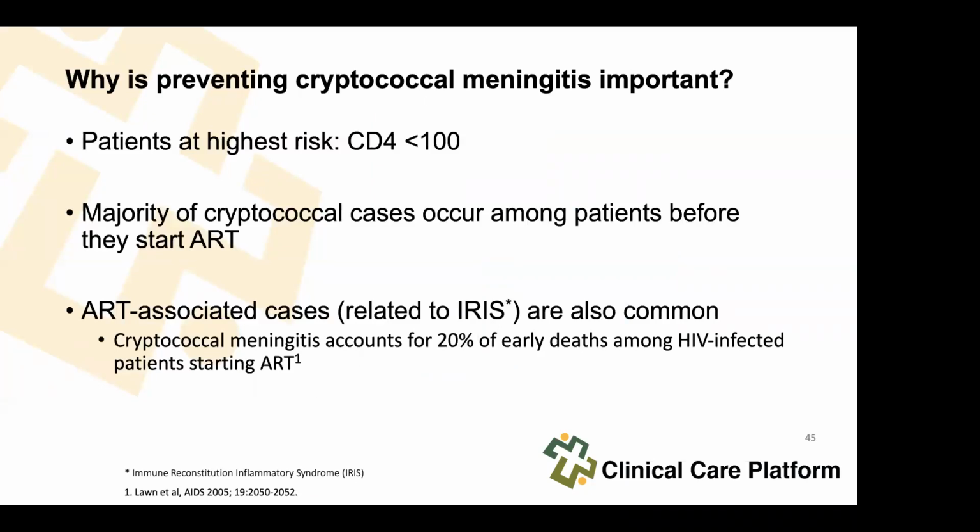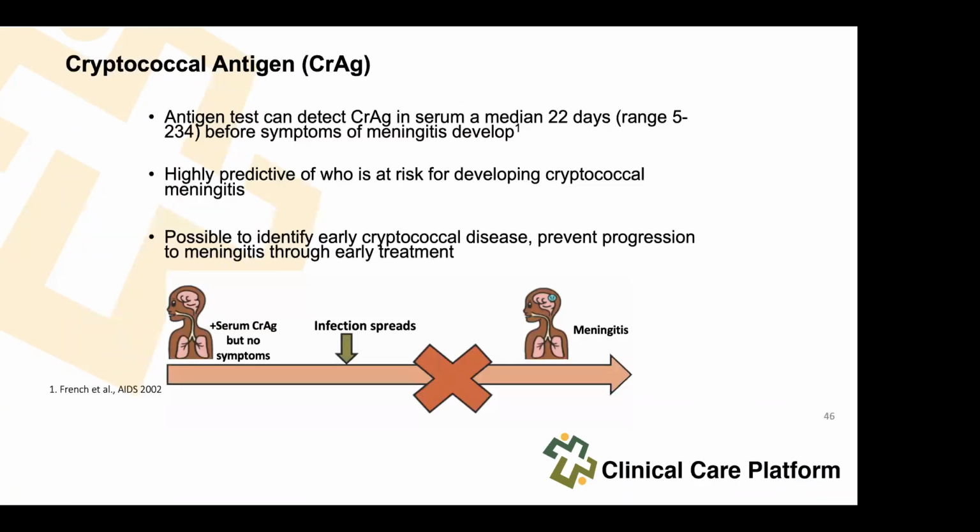So why is it important to prevent meningitis? Because in our context, patients with CD4 counts less than 100 are at higher risk. The majority of cases happen before starting ART. However, we do have patients whom we start on ARVs and then they come back with significant headaches, signs and symptoms of meningitis, which is a bit too late, with very bad outcomes. So the idea is to identify patients before they even have meningitis.